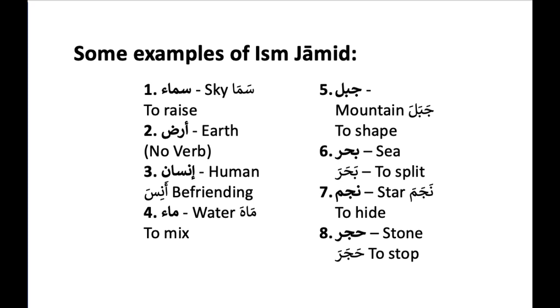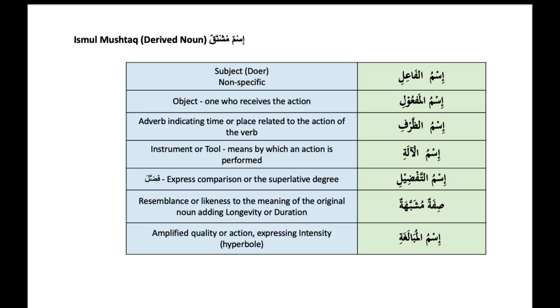Maha means to mix. Again, no relationship. Jabalun, mountain. The nearest root verb to that is jabala, to shape, no relationship. Bahrun, sea. Bahara means to split. Najmun, star. Nearest verb is najama, it means to hide. Hajarun, stone. Hajara means to stop.